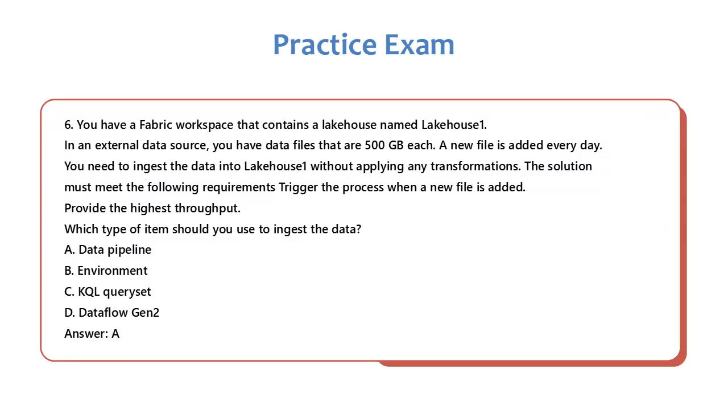The solution must meet the following requirements: trigger the process when a new file is added, and provide the highest throughput. Which type of item should you use to ingest the data? A. Data pipeline. B. Environment. C. KQL query set. D. Dataflow Gen 2. Answer: A.